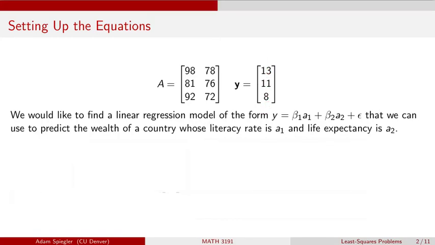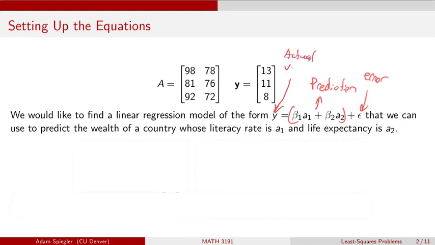And we would like to find a regression model that has the following form: Y, GDP per capita, is equal to some constant beta 1 times the literacy rate of that country plus some other coefficient beta 2 times the life expectancy of that country, plus an error term epsilon. So this first piece over here is going to give us our prediction, and this epsilon corresponds to the error, and this y value therefore corresponds to the actual value.